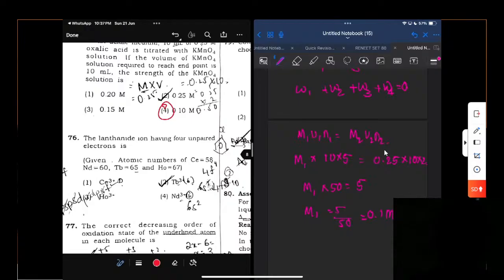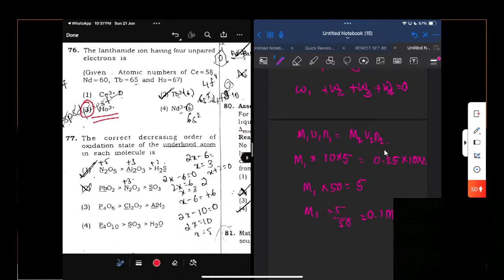The lanthanoid ion with 4 unpaired electrons is Ho3+. This has 4 unpaired electrons. Option 3 is correct for this one. Next question.